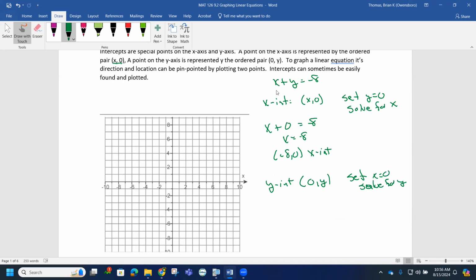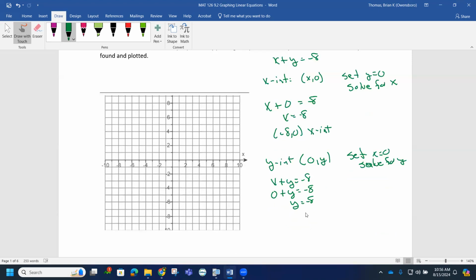So in this equation, x plus y equals -8, if I now replace the x with a 0 and then solve for y, in other words, get y by itself, well, 0 plus y is y, so y equals -8. So -8 represents the y-intercept. So again, (0, -8) represents the y-intercept.